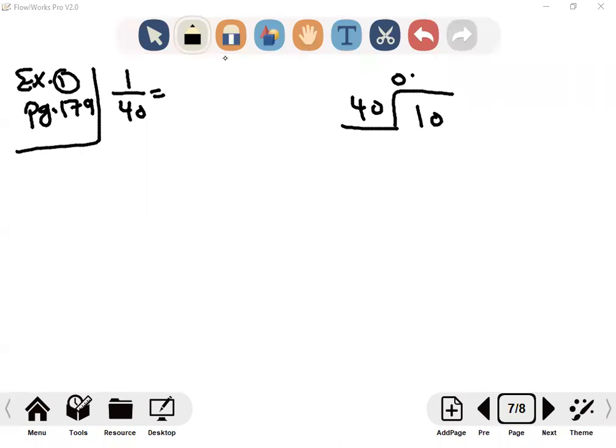Here, 10, we add 0, right? It's still less than 40. In this case, what will we do? We need another 0. But we cannot add another 0 directly.